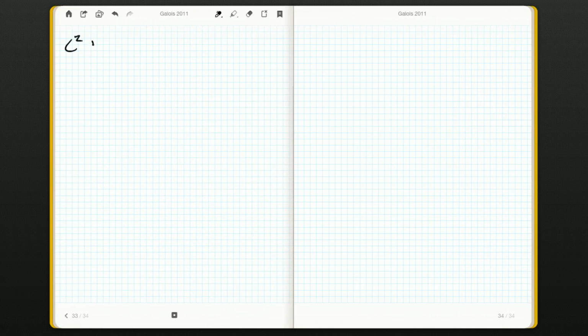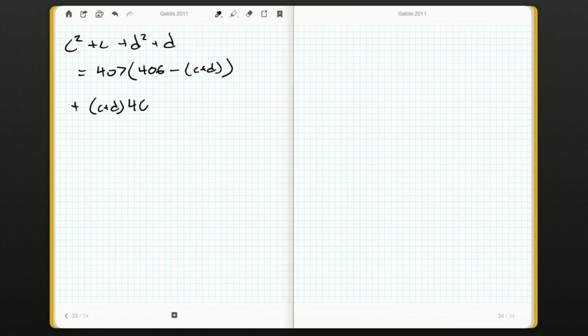So c squared plus c plus d squared plus d is equal to 407 times (406 minus (c plus d)) plus, and now it was (c plus d) times 406 minus, the whole thing was minus. So this one will become plus (c plus d) squared, so that's c squared plus 2cd plus d squared.